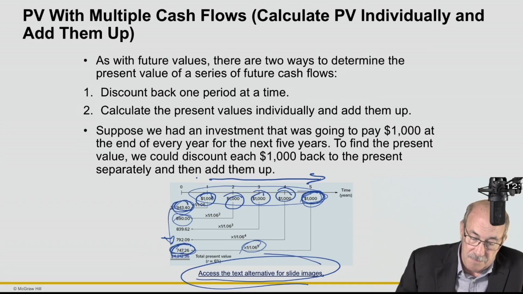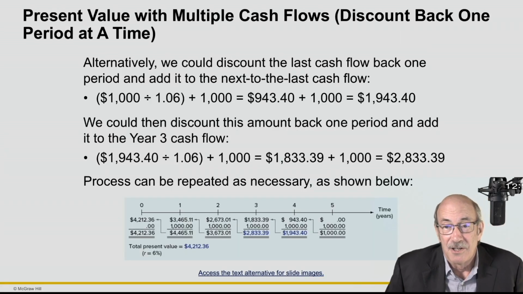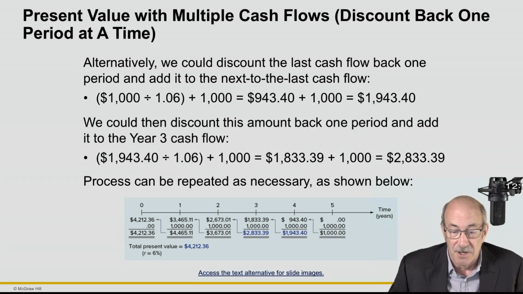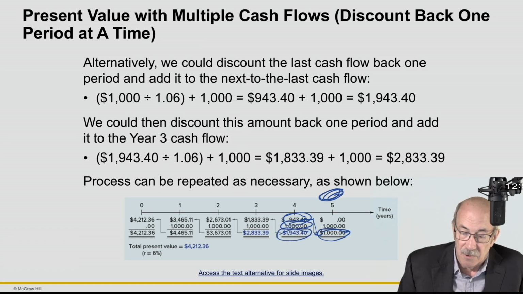So you can click on this or just simply go to the next slide, and it will show us an alternative method, which is to start at the far right, start out here at year 5, and take that $1,000 there, move it back, discount it back 1 year, so it's $943, add to it the next cash flow, so we have $1943.40, and then we move that back 1 more year, and that gives us $1833.39.